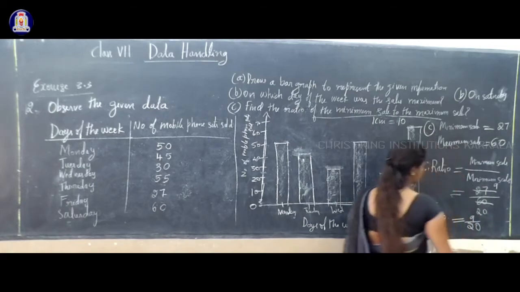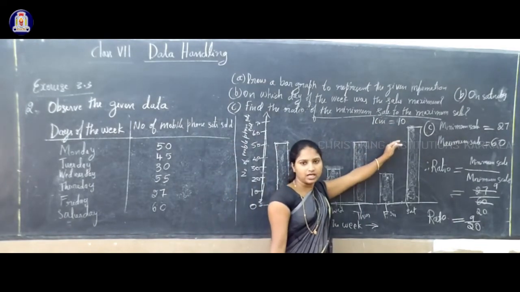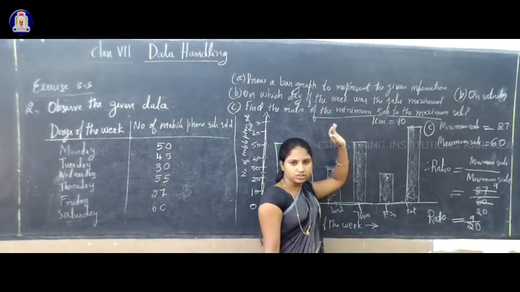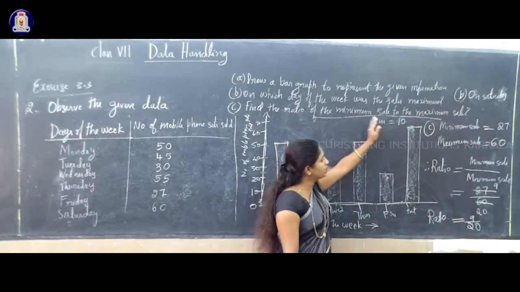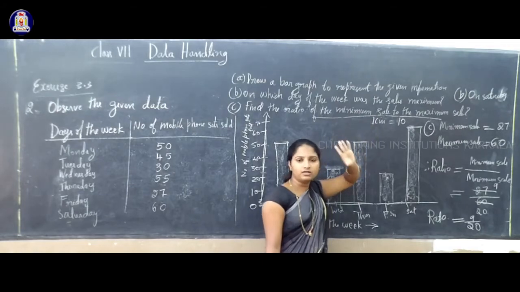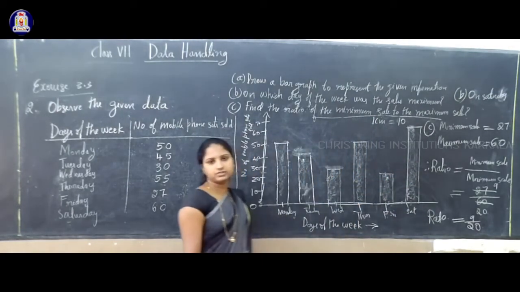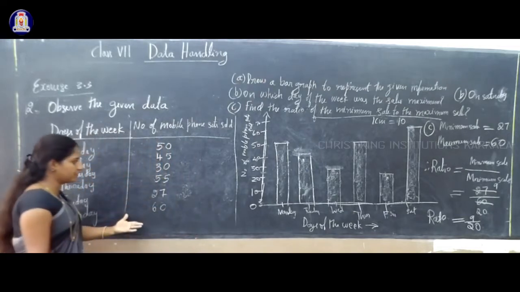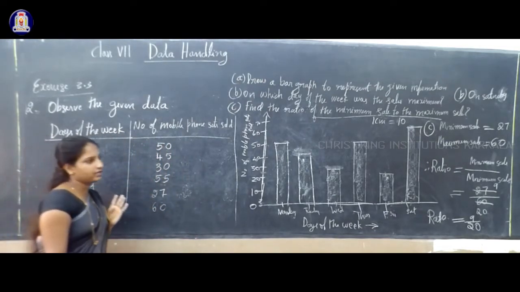So how to find the ratio? The ratio means the minimum sale by maximum sale, as given in the question. First you have to find which is the minimum sale and which is the maximum sale. By seeing this data we can identify them.